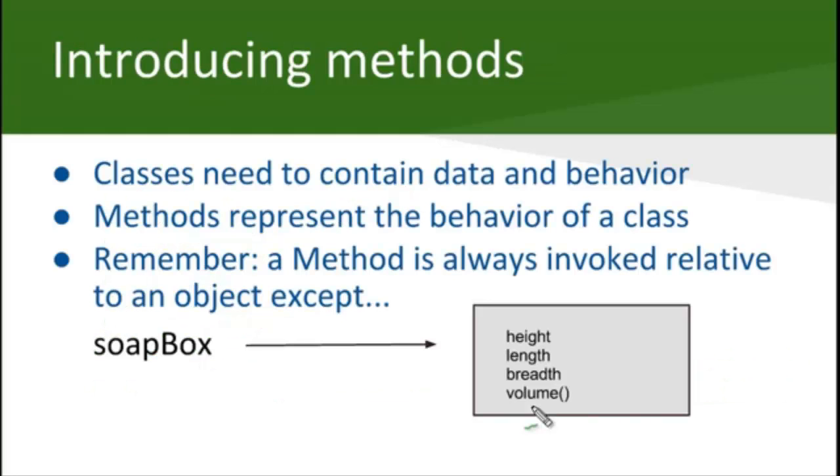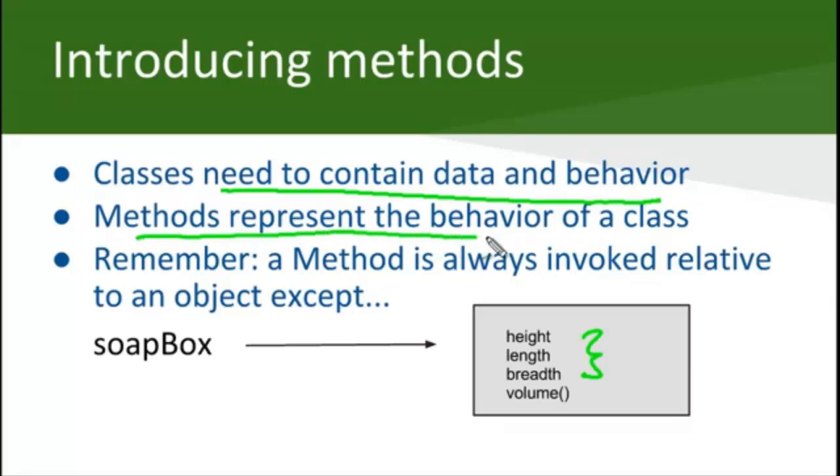Now the important thing to note is that classes need to have both data and behavior. The instance variables are the data. But the objects of classes also perform behavior, they interact with the outside world.